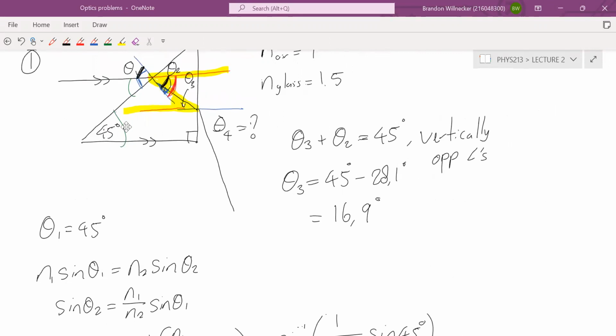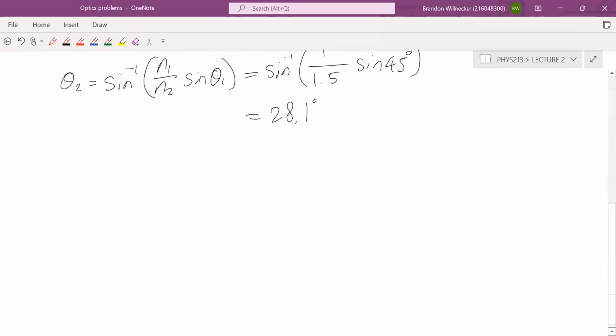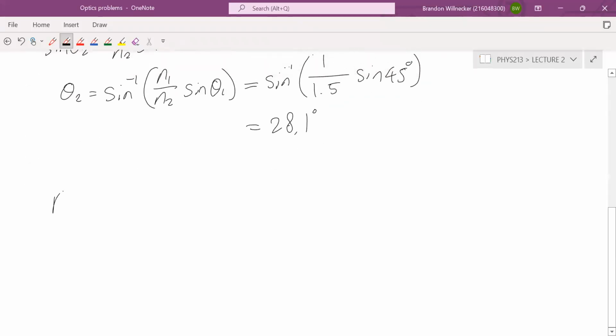Okay, so we've got theta 3. Theta 3 now becomes the new angle of incidence. Since that is the new angle of incidence, we can find theta 4, which would then be the angle of refraction. So let's do that on the side here. N3 sine theta 3 is equal to N4 sine theta 4, and we want to find theta 4.